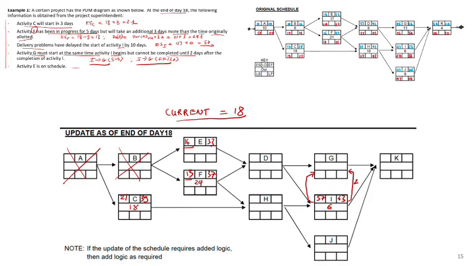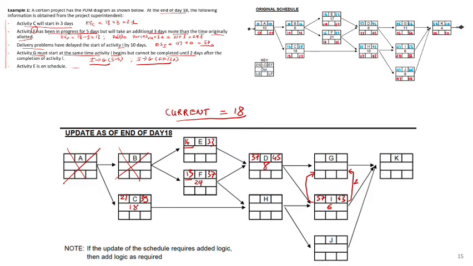So start of D has to be 37. You take the larger one. And the duration of D, no change, no information about changes on the duration of D, so it has to be the same as the original plan, which is 8. So you finish D on 45.